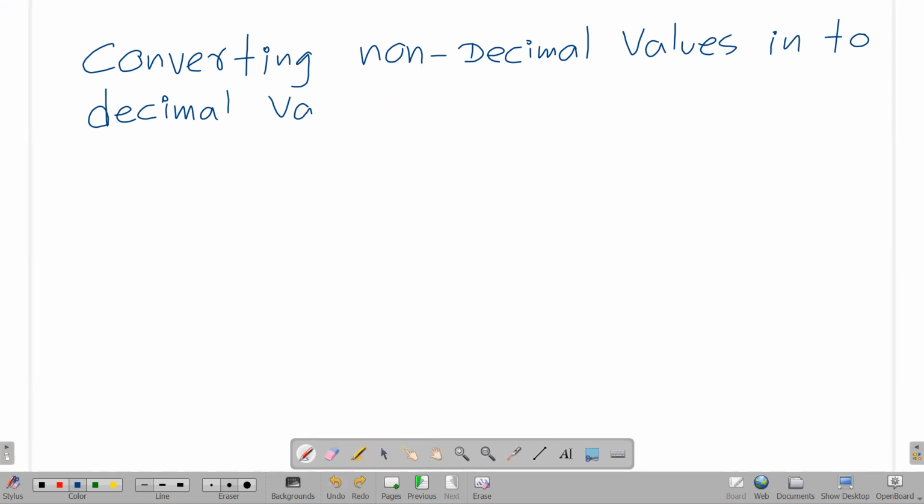Okay, so here again we are trying to convert binary, octal, and hexadecimal values into what?